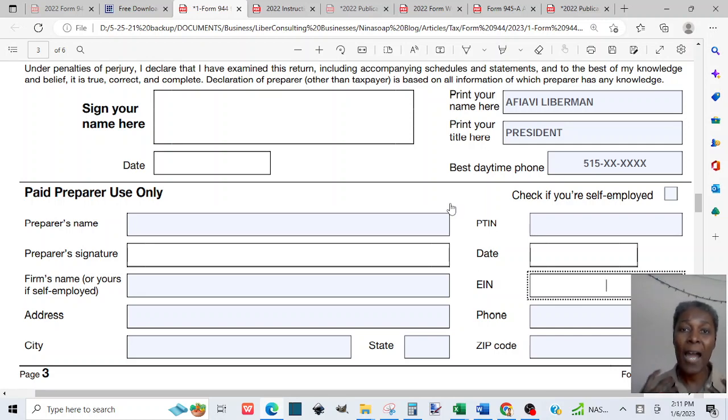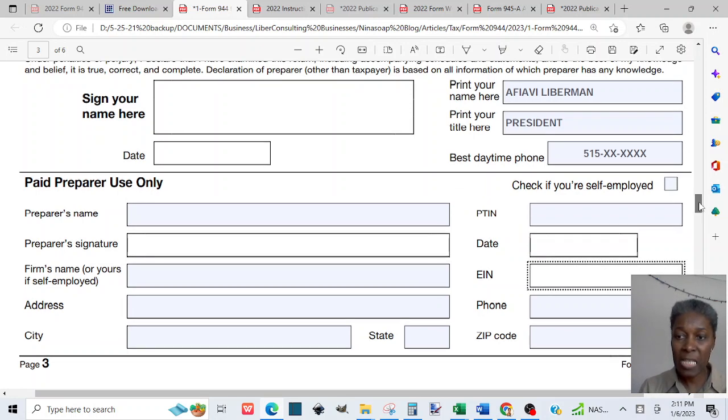But if you are filing for your business, or somebody in your business is doing it for you because they have good knowledge of taxes, or you explain it to them and they are doing it, and you are not paying them for that, therefore they do not complete that section, or you do not complete that Paid Preparer Use Only section. Leave it alone. Just like the way we are leaving it alone for Liberman Consulting.